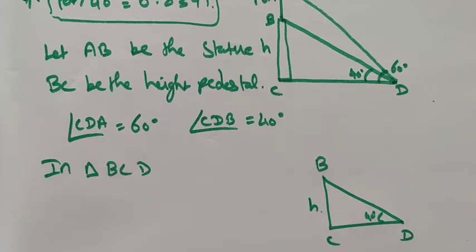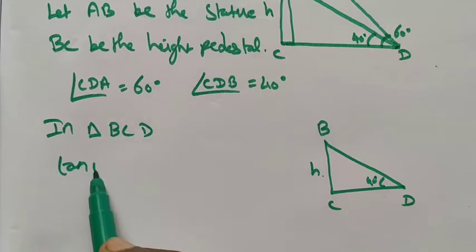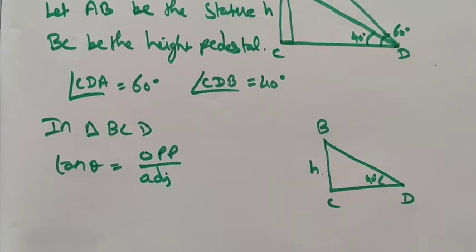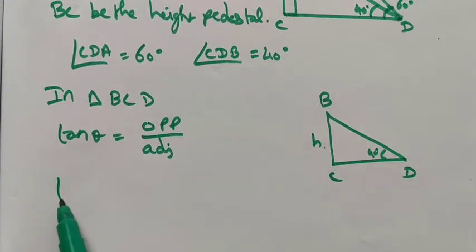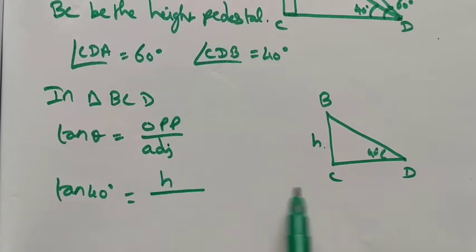This is H, unknown value H, right? For this triangle BCD, we have opposite divided by adjacent side. Tan theta is equal to opposite side divided by adjacent side. Now the angle is 40 degree, that is tan 40 degree is equal to the opposite side H, divided by the adjacent side CD.